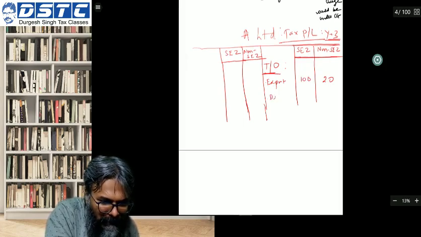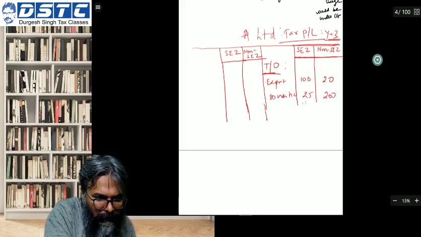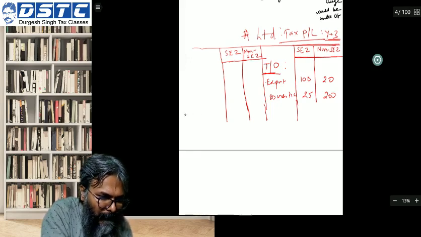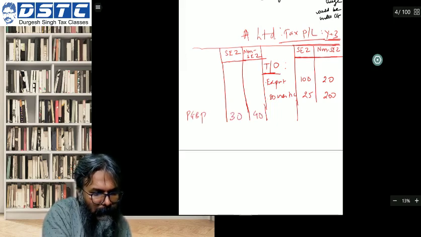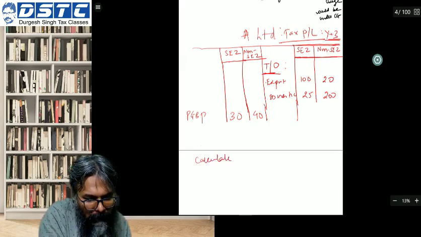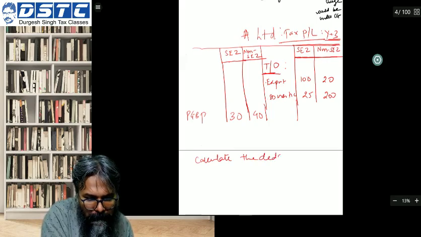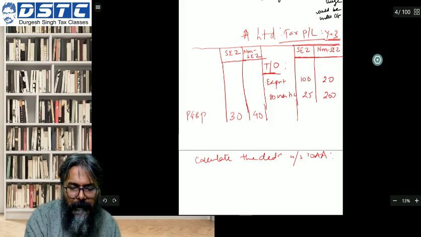Then for domestic it is 10, or this is 25, and this is 200. The PGVP is say 30, and say this is 40. Calculate, all of you, the deduction under section 10AA. Quickly.